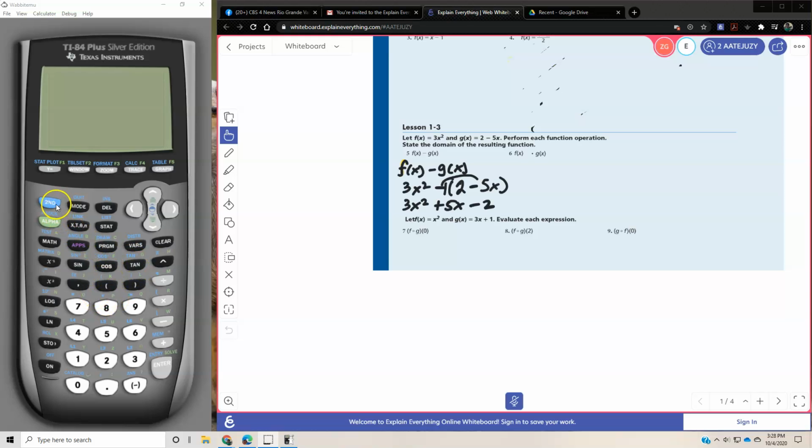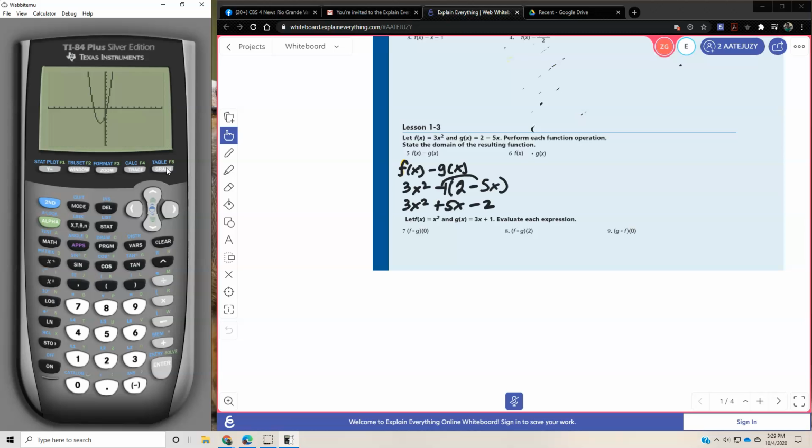And if I were to graph this, you're going to go ahead and press y equals. You want to clear this. We have 3x squared plus 5x minus 2. Graph it. And you notice that you have the graph here.